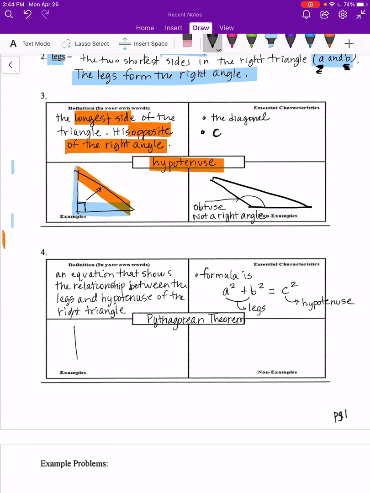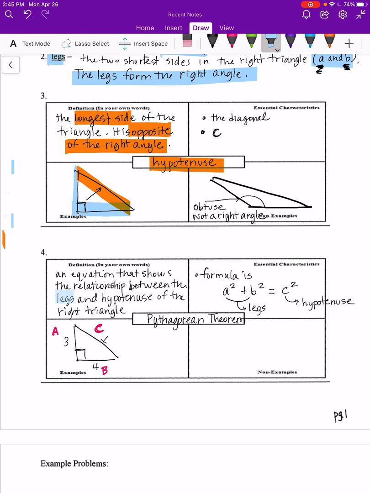Again, we'll draw a little picture like this. And we got our right angle. And then we might have a 3. We might have a 4. And then we have an X. And so we would call this side A. Maybe I'll pick up a red here. So A, we'll call this B. And then this X is our C. All right, so we're talking about legs.